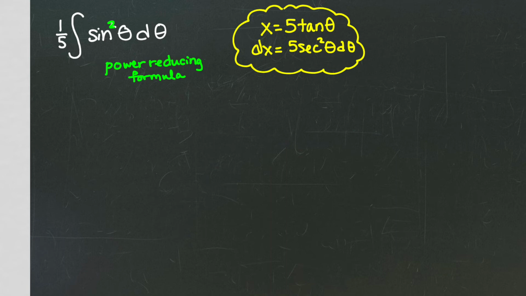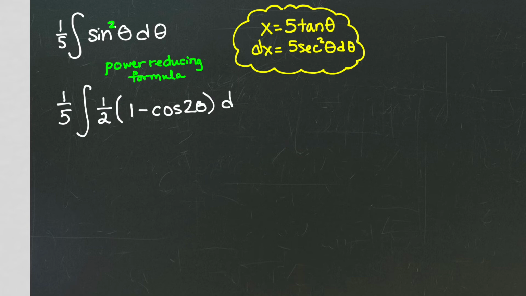That's the 1/2 thing. Ready? Sine squared with the power-reducing formula will be rewritten as 1/2 times 1 minus cosine 2 theta d theta.